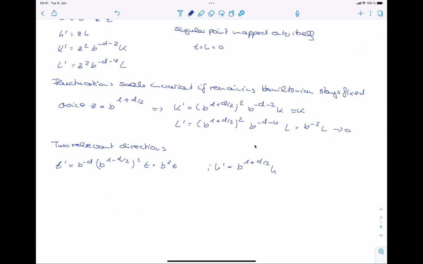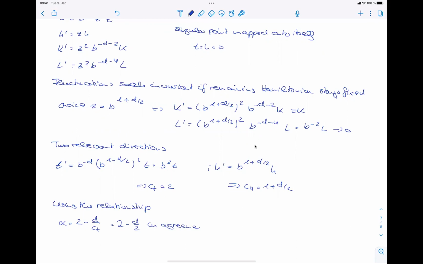This is telling us the critical exponents of our relevant variables. And so we can directly now read off that here c_t is equal to 2, and here c_h is 1 plus d halves. And then, for example, using the relationship that we derived in a very general case for alpha as 2 minus d over c_t, we here get 2 minus d half, which is in agreement with the direct solution.